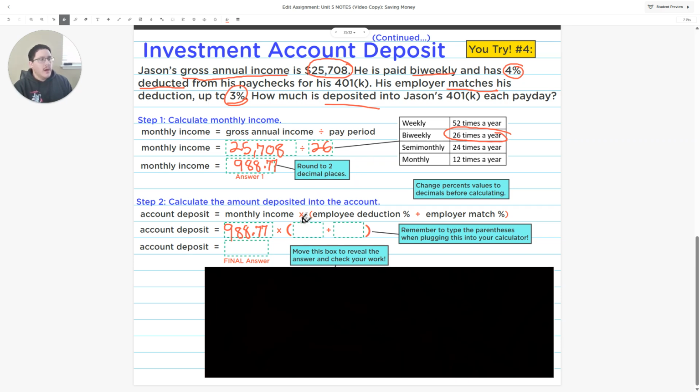So this is 0.04 for the employee, Jason, how much he pays from his paycheck. And then the employer matches 3%, which is 0.03, which altogether will be 0.07.